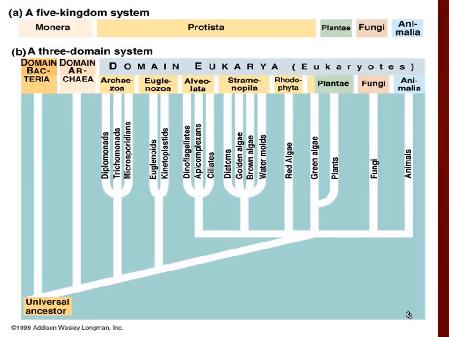This figure illustrates the 5-kingdom system put in by Carl Woese in 1975 that distributes the organisms on the earth into 5 kingdoms: Monera, Protista, Planta, Fungi, and Animalia.